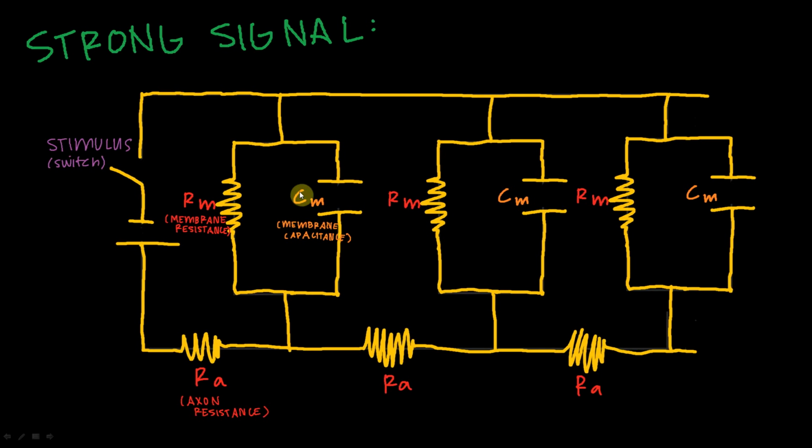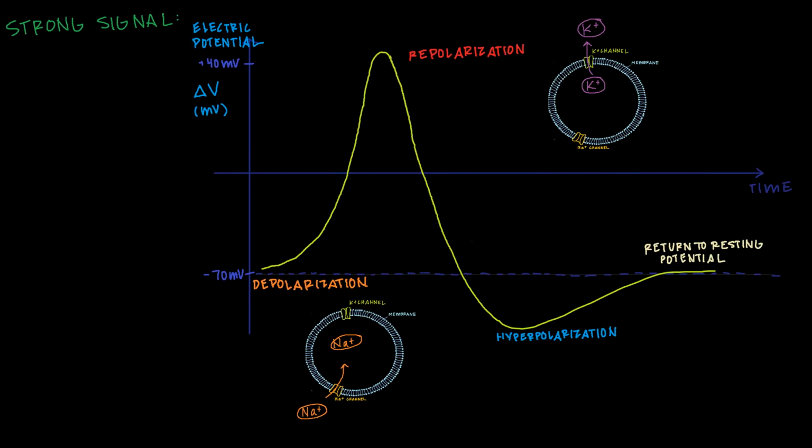Well, that's like dumping a bunch of charge into the circuit. So we close the switch, we have a huge stimulus, and it's like dumping a huge amount of water into that river. It causes the dam to fill up much faster. And when the capacitor charges really quickly, it quickly reaches a threshold value which causes depolarization to happen. So here's a graph of the action potential.